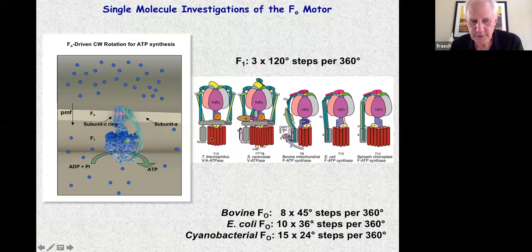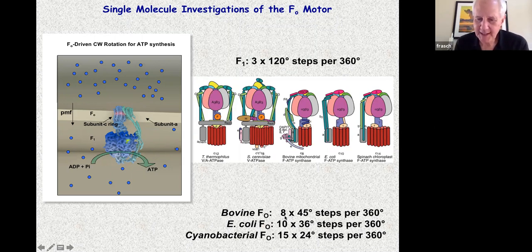However, there is a huge difference in the number of C subunits, and each C subunit has a carboxyl group that allows the binding of 1 proton at a time. So for the bovine, which only has 8 C subunits, each proton causes a 45-degree rotational step.